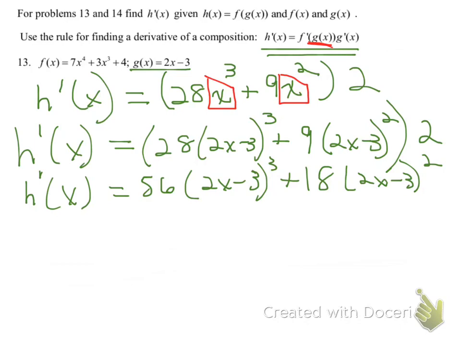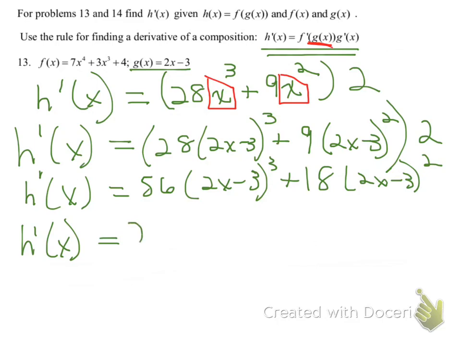So why don't I do greatest common factor factoring? What do they have in common? In the 56 and 18, I think 9 is going to go into both of those, isn't it? Because 9 times 5, 9 times 6, nope, it's not. So I think the biggest I can get is 2.